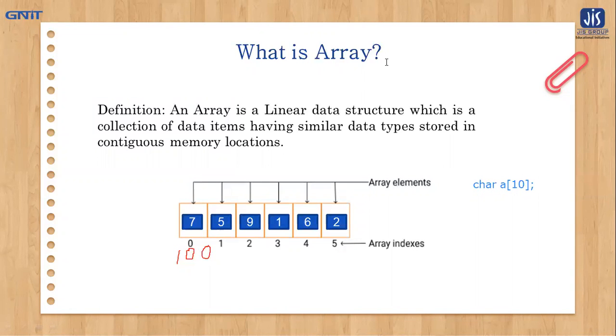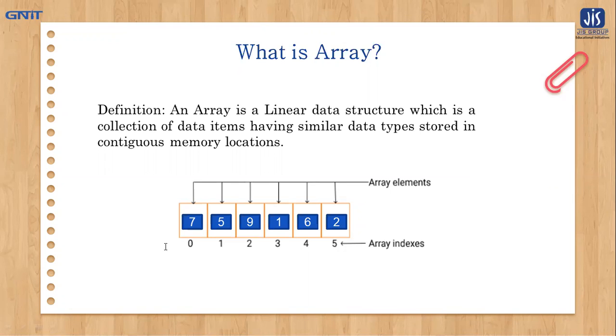Now we will talk about the indexes. What are given? That is 0, 1, 2, 3, 4, 5. All these are indexes for this array's elements. This also depends on the programmer. If you run a for loop from 1, then the elements will start being stored from index 1. If you start from 0, it will start storing the data from 0.